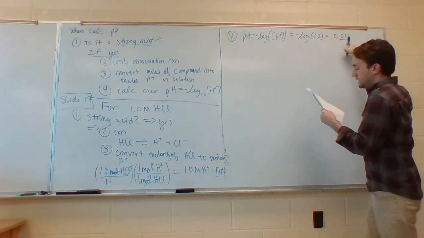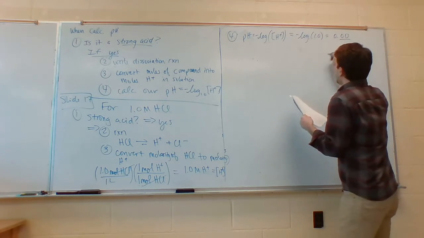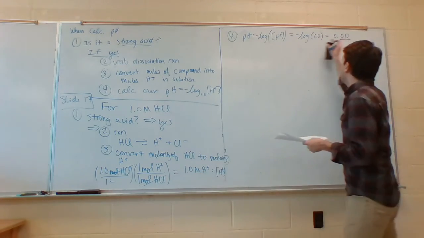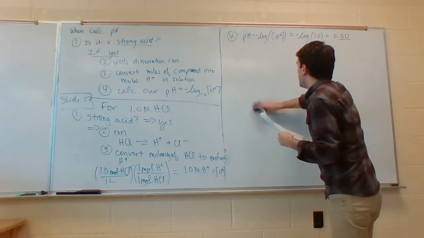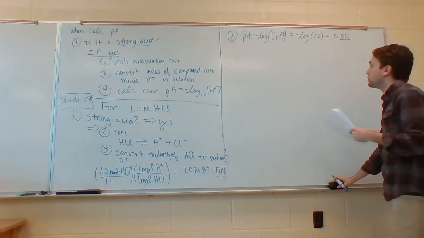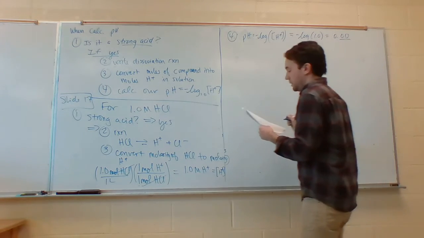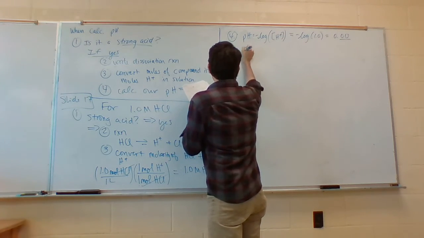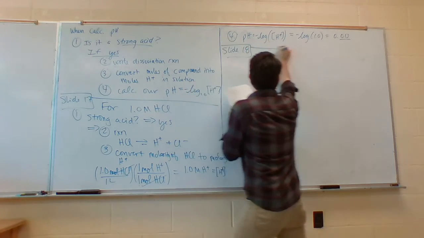That should make sense because it is a strong acid, so it will give us a very, very low pH, right? So that's our pH. Let's do another example on slide 18.